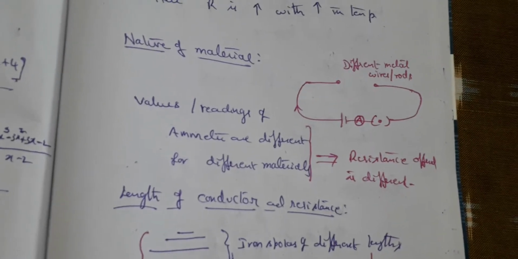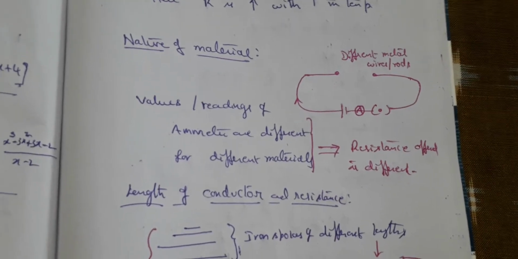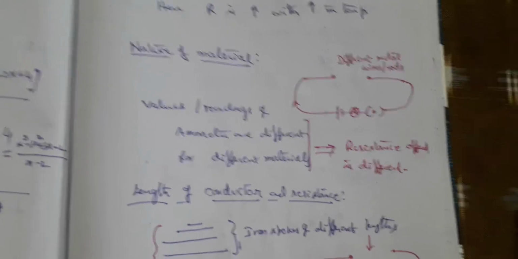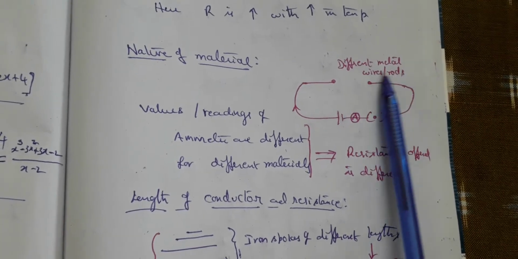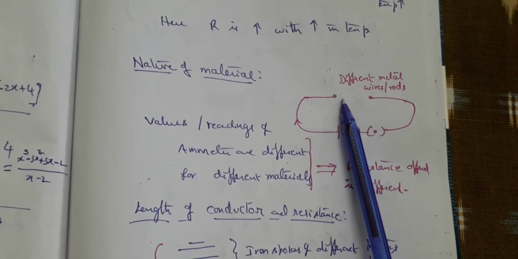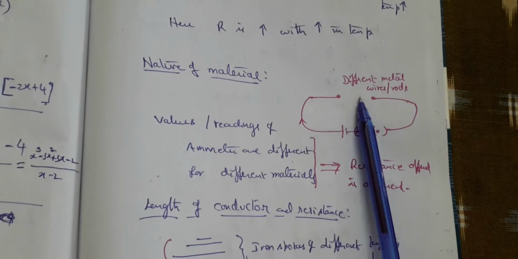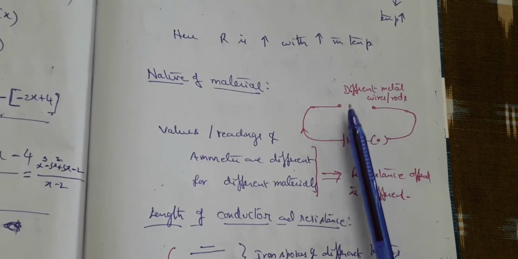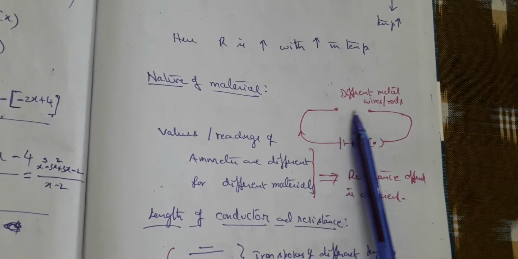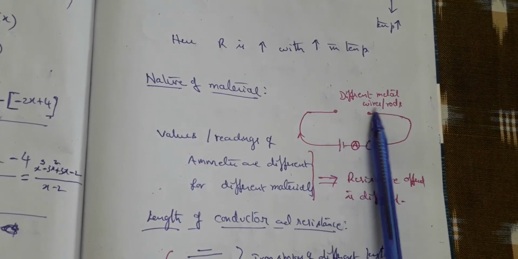Nature of the material. Here the same condition again. Instead of the bulb, we are going to take rods or metal wires of different metals. Maybe one time copper, one time aluminum, one time a small iron wire. You are going to take either rods or wires, right? That is going to be your device or the target for the current.